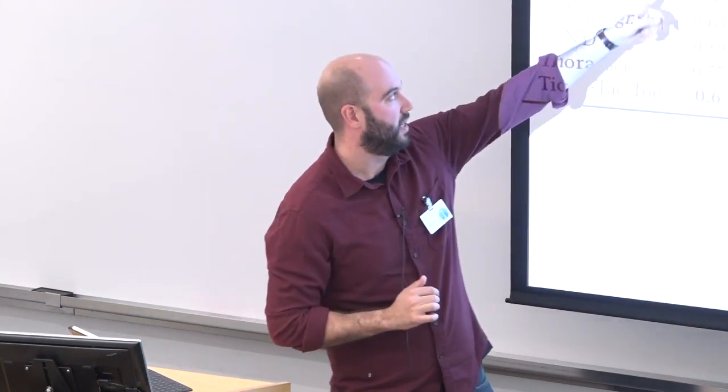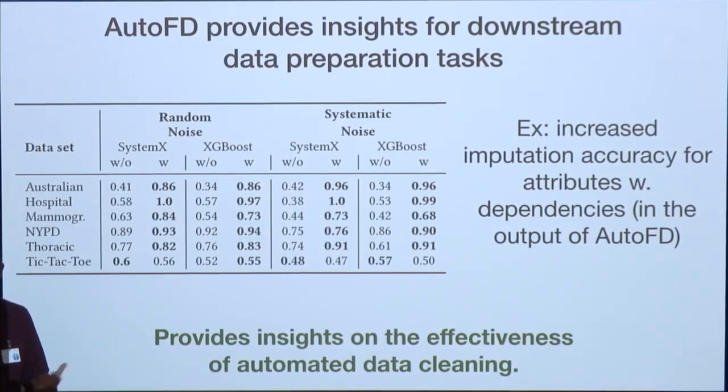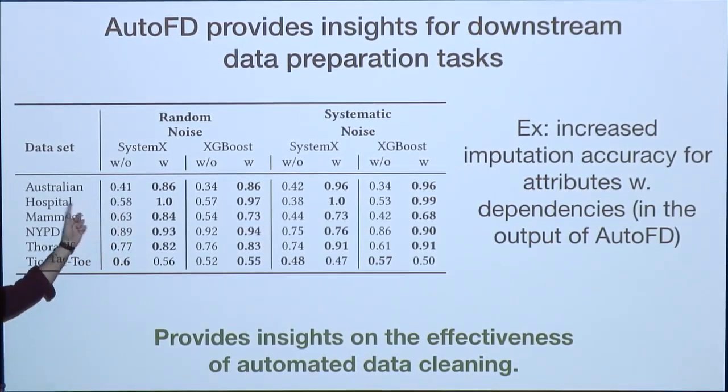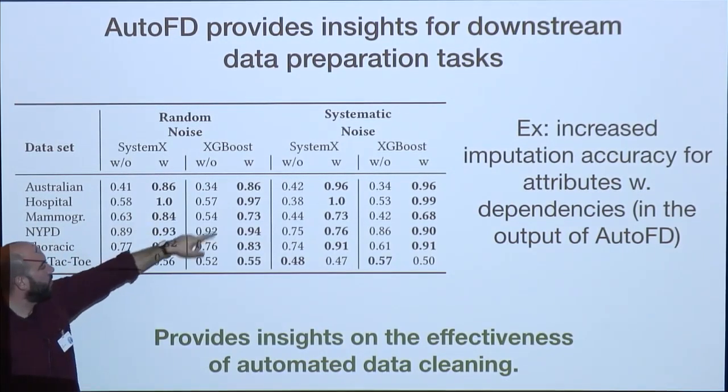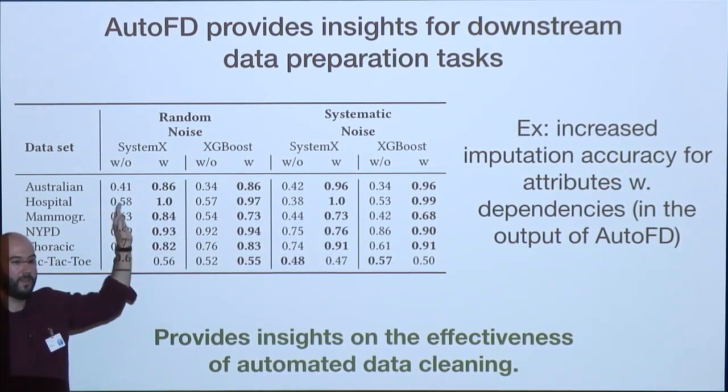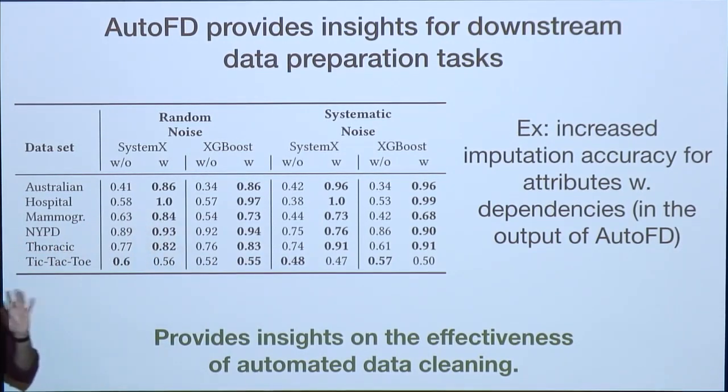This is our state-of-the-art technique for imputation. But we're also comparing it against XGBoost. It can give you insights as to when automated imputation based on state-of-the-art machine learning models will even work. So if I have structure, you can see that I'm way more accurate. If I don't have structure, I'm actually not that accurate, which is exactly an instantiation of what our theory told us.